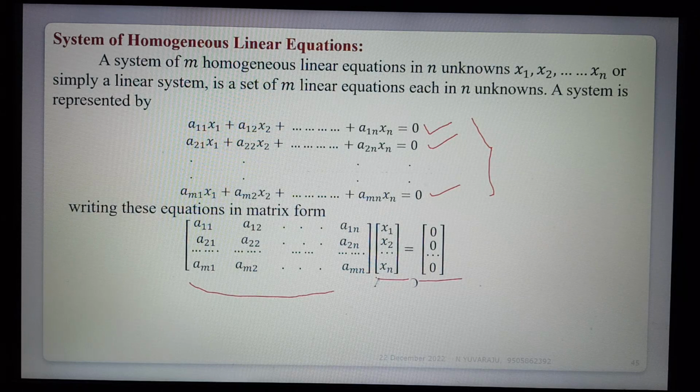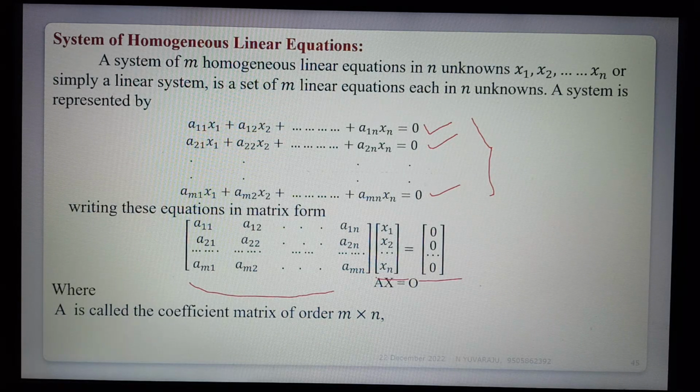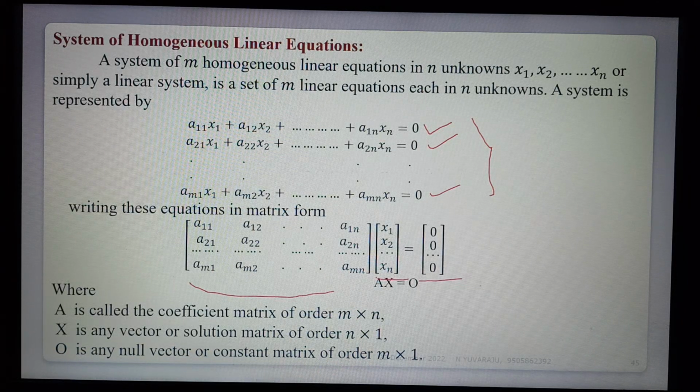That is AX is equal to 0, where A is called the coefficient matrix of order m by n, X is the solution matrix of order n by 1, and 0 is the null vector of order m by 1. This is the definition of homogeneous linear equations.